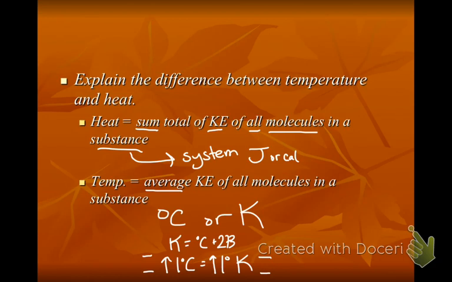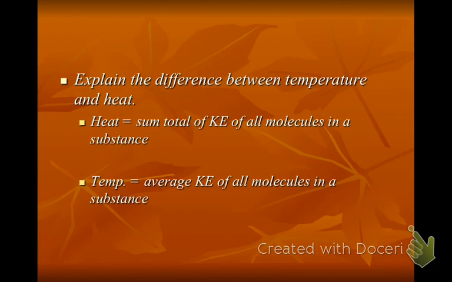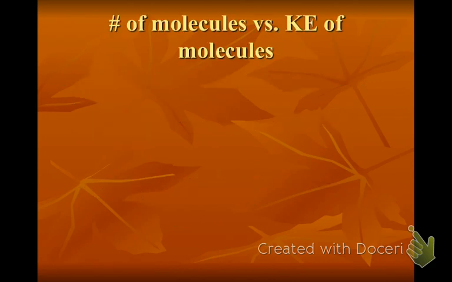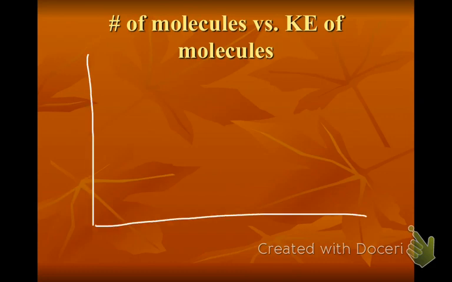Okay. I would like to show you a visual representation of the difference between heat and temperature. So I'm going to draw for you on this next slide a graph that shows the number of molecules versus the kinetic energy of those molecules. So I apologize in advance for probably what will not be very straight lines. So here's my y-axis and x-axis.